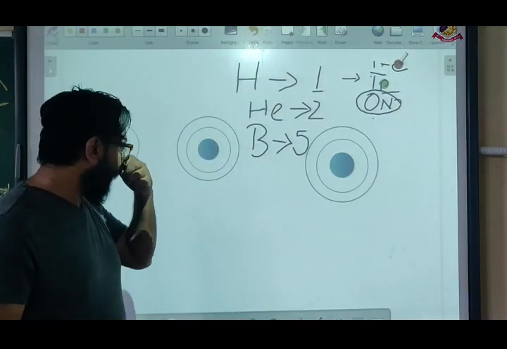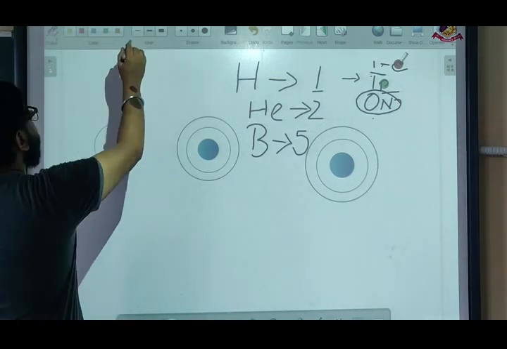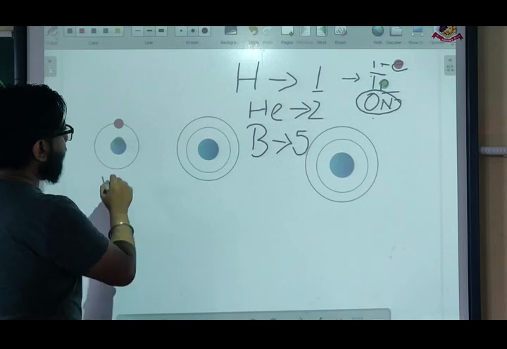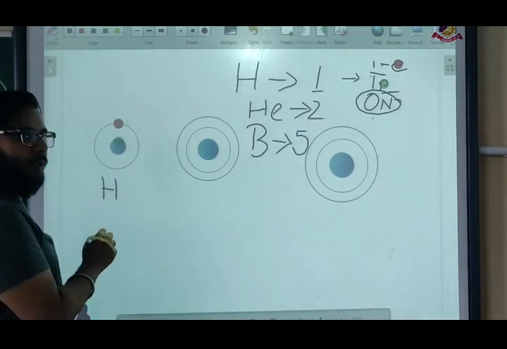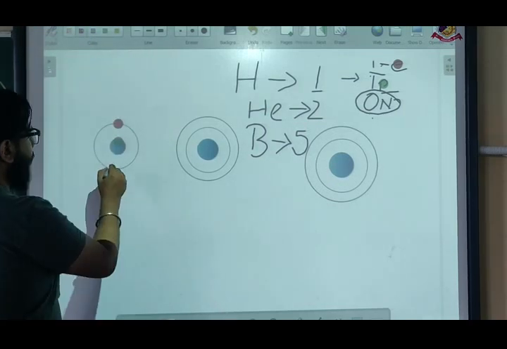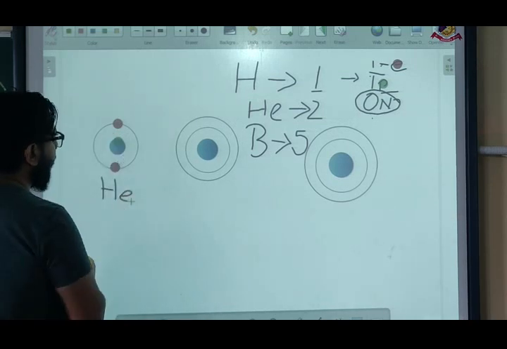So hydrogen has one electron and one proton. Now, if there were two electrons, it would end up being helium.